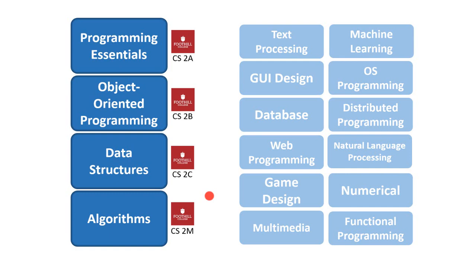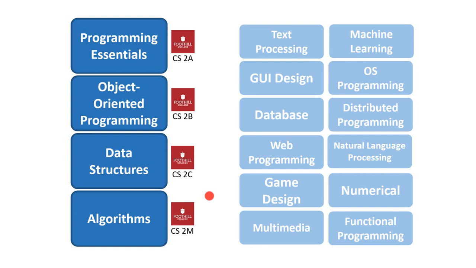The second course is usually object-oriented programming, where you learn the API, the application programming interface, and use it to work with many libraries online or for desktop computing. The third course is usually data structures and basic algorithm study. It covers abstract data types and also teaches problem-solving skills.